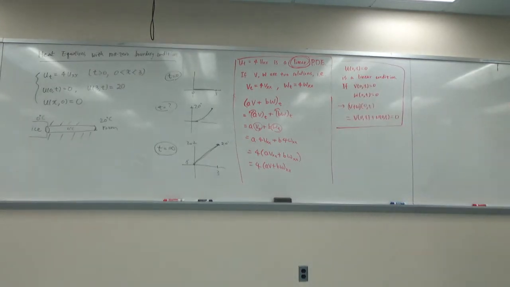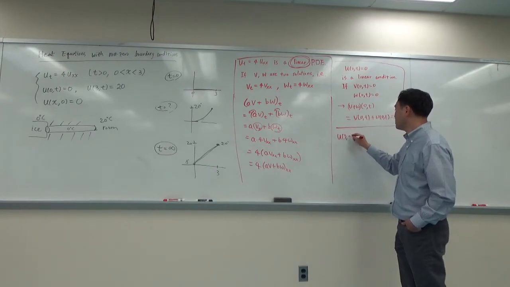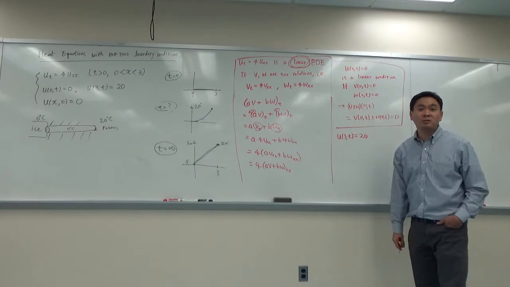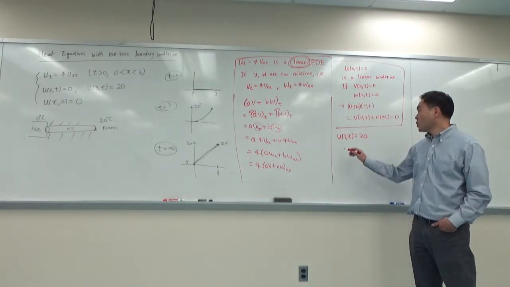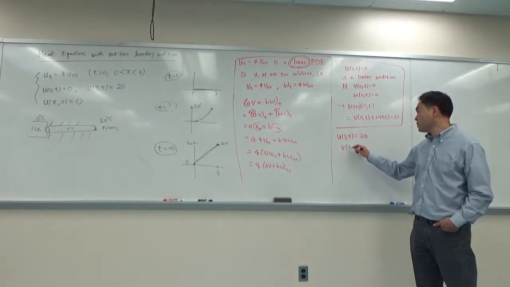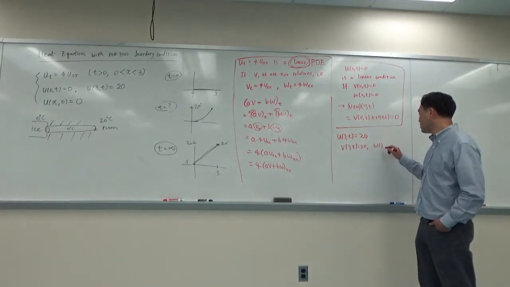So now let's go back to this other condition, u of 3,t equals 20. Now is this a linear condition? What happens if v of 3,t is 20 and w of 3,t is 20?